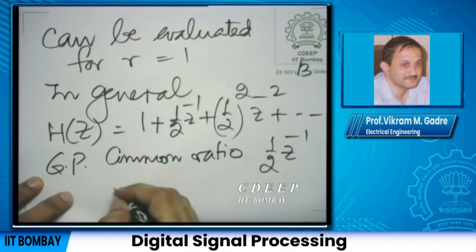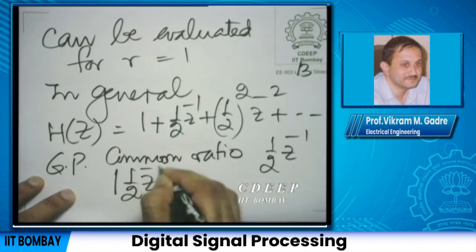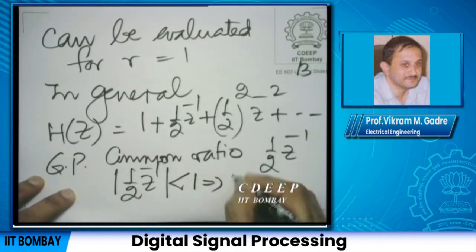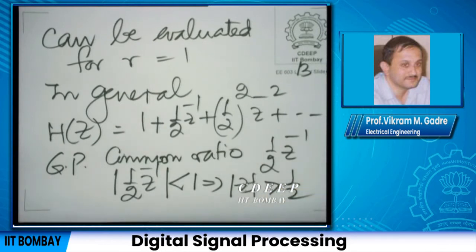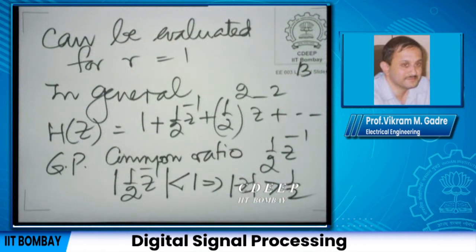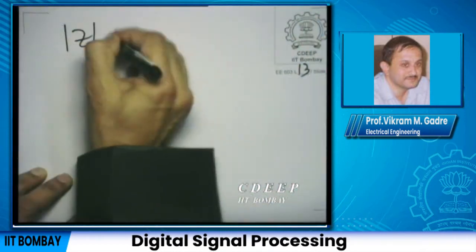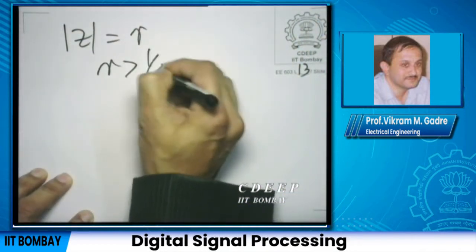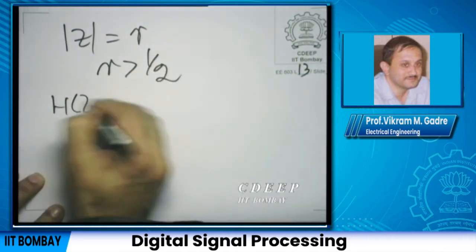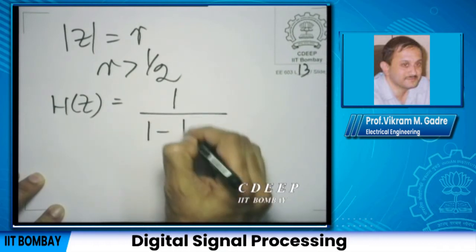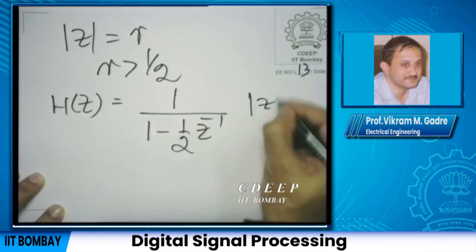Now, obviously the GP converges if mod of half z inverse is less than 1, which means mod z is greater than half, or it is the same thing as saying r is greater than half. Mod z is equal to r by definition. So, we need r to be greater than half, and of course, this H(z) can be written as 1 by 1 minus half z inverse, mod z greater than half.